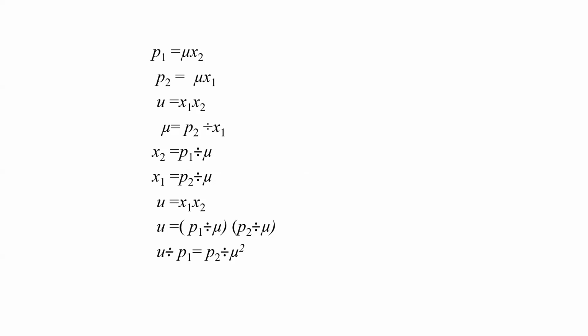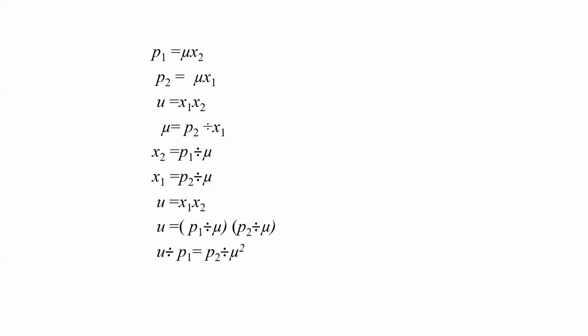After this, we can easily find mu's value, which is p2 by x1, and also p1 by x2. So we get x2 = p1 by mu and x1 = p2 by mu.